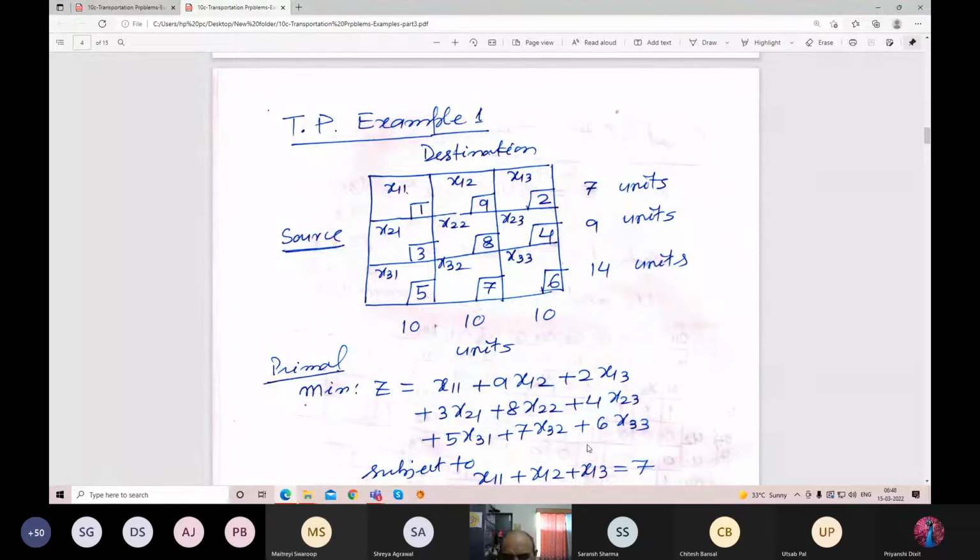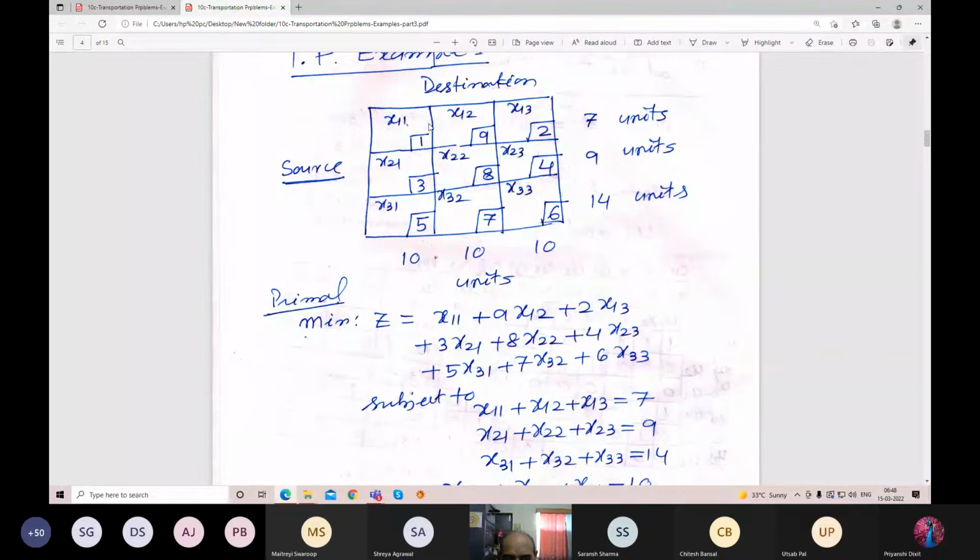This is our objective function, subject to the source constraints, which are like this: x11 plus x12 plus x13 equal to 7 units, x21 plus x22 plus x23 equal to 9 units, x31 plus x32 plus x33 equal to 14 units. 7 plus 9 is 16, plus 14, that is 30. Now the demand constraints are like this: x11 plus x21 plus x31 is equal to 10.